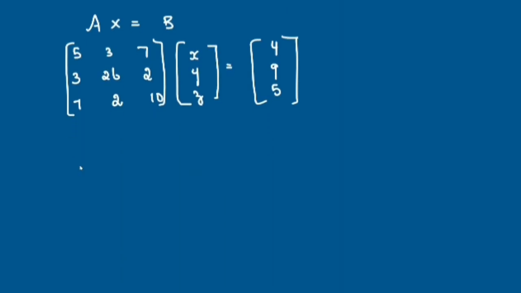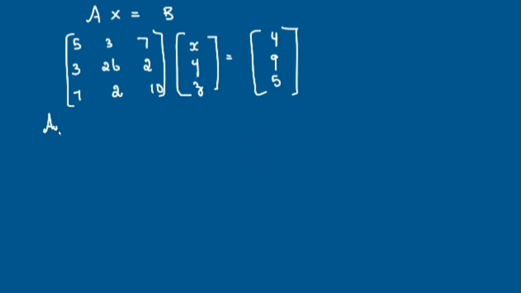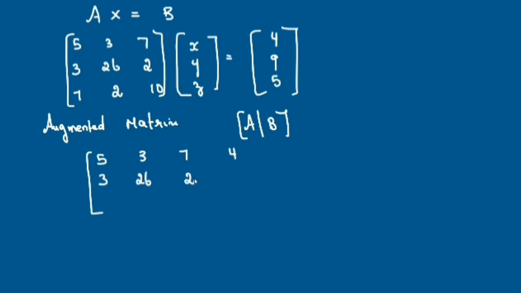Now the next step is to write the augmented matrix. You connect the matrix B with A, so that is A|B. This is called the augmented matrix. So the augmented matrix is now 5, 3, 7, 4; 3, 26, 2, 9; 7, 2, 10, 5.